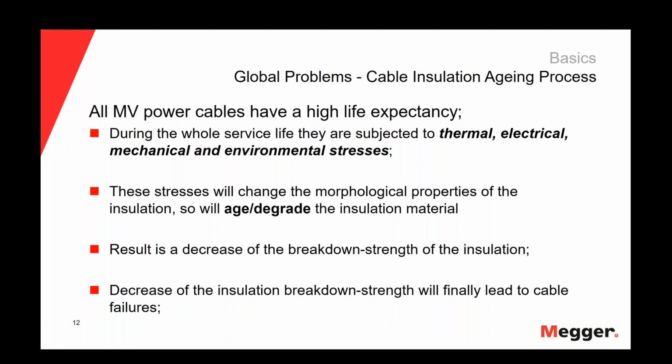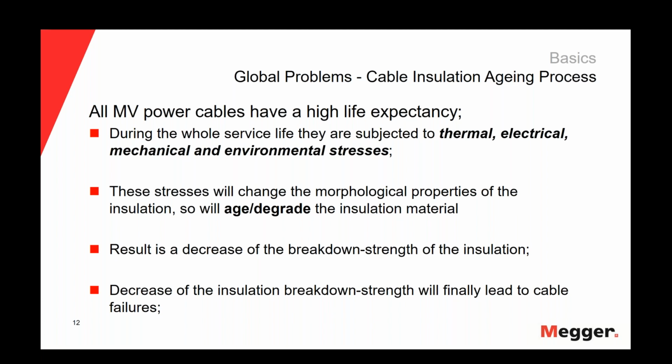On the other hand, we have the global problems. And if we talk of global problems, we should keep in mind that all the medium voltage power cables have a high life expectancy. But during the whole service life, they will be subject to thermal, electrical, mechanical, and environmental stresses. And these stresses will change the morphological properties of the insulation.